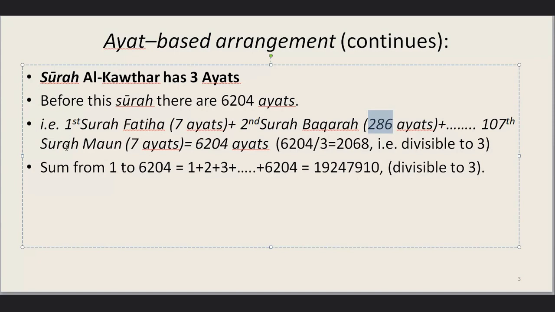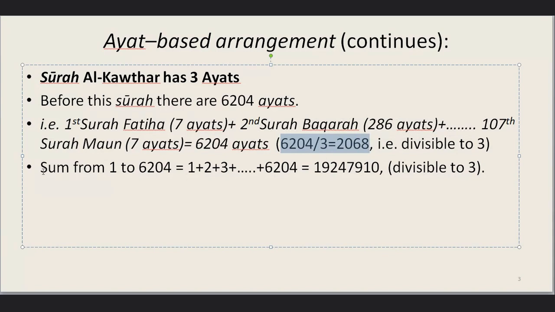But before Surah Al-Kawthar, there is Surah Al-Ma'un. This surah has 7 ayats. So if we add all the ayats, we will get this number. And interestingly, this number is also divisible by 3.